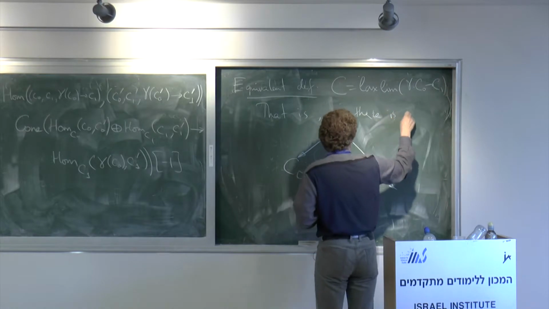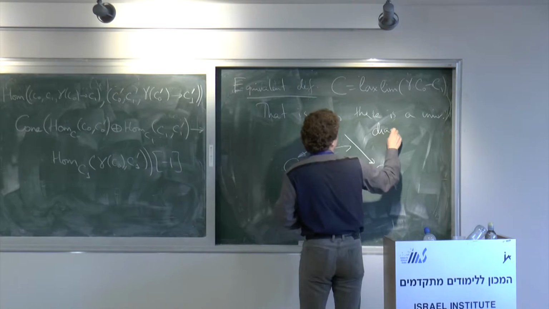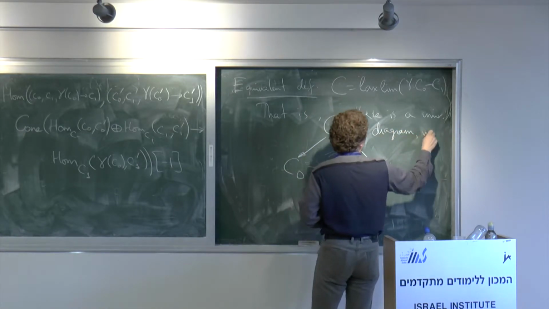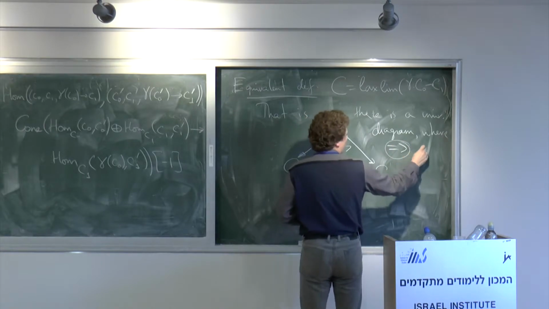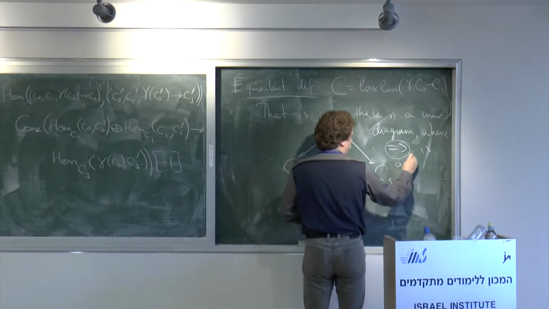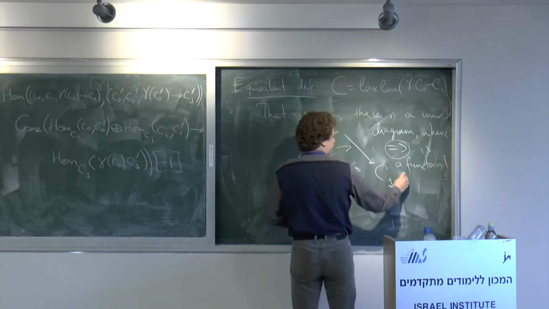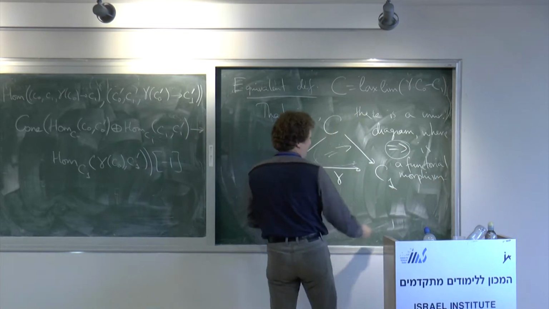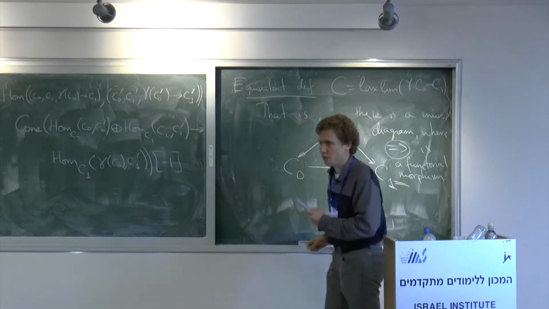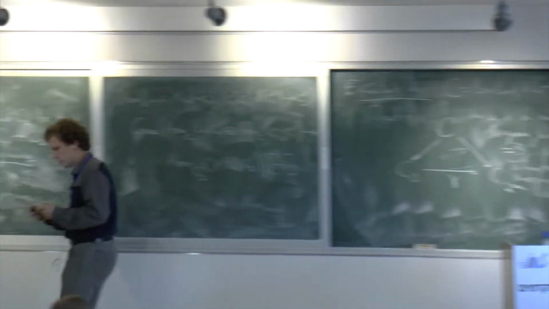So there is a universal diagram where this arrow is a functorial morphism. The key point is not that it's a functorial morphism, but that it's not required to be an isomorphism. So it's important that the part iso is missing here.